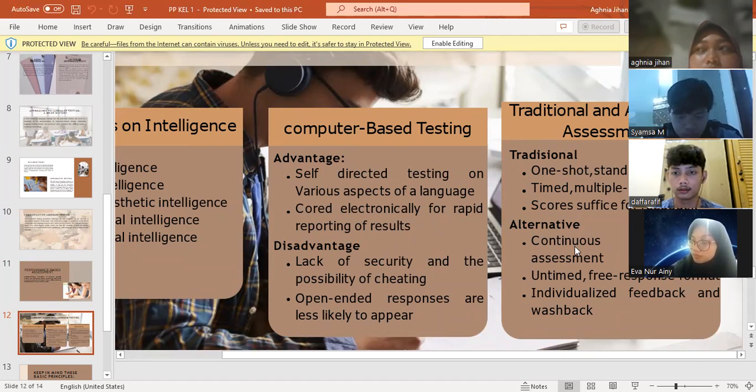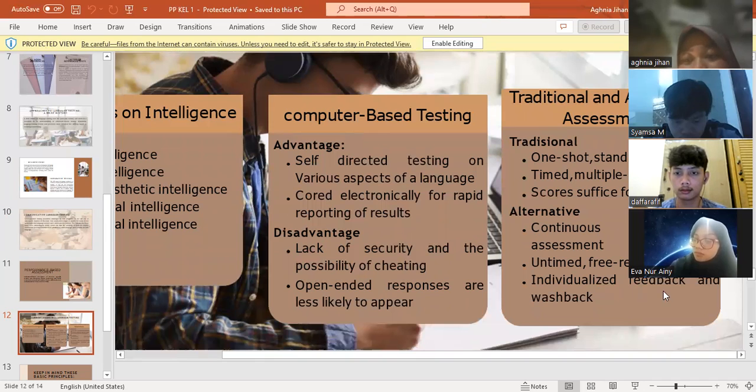If traditional uses a multiple-choice format, then alternative uses a free-response format. And next is scores suffice for feedback. With traditional, you get the score right away. And the alternative gives individualized feedback and respect.